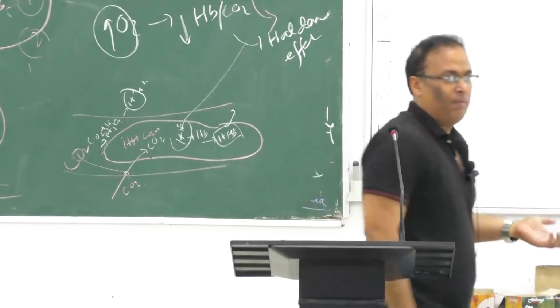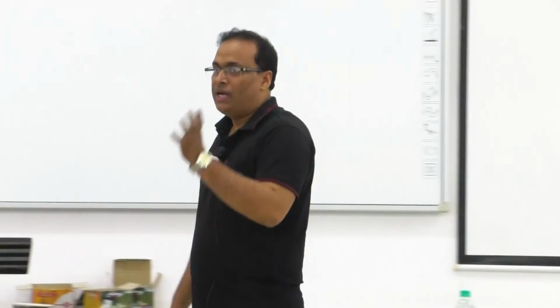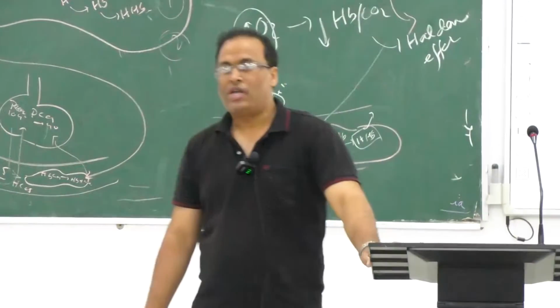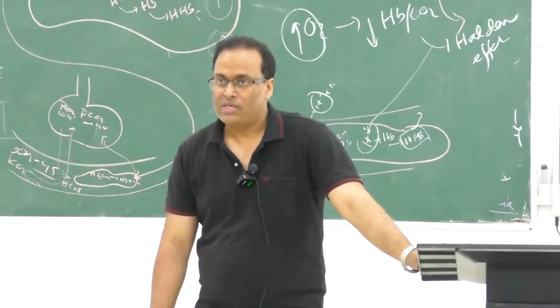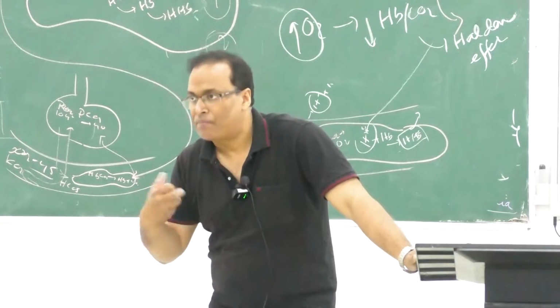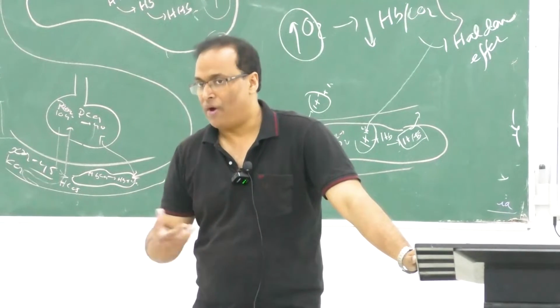In the plasma, bicarbonate is formed by a slow process because there is no enzyme. In the RBC, there is the enzyme carbonic anhydrase. So this enzyme forms the bicarbonate and releases the H plus.